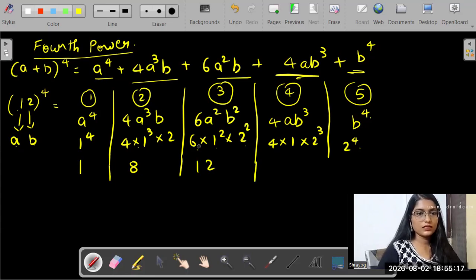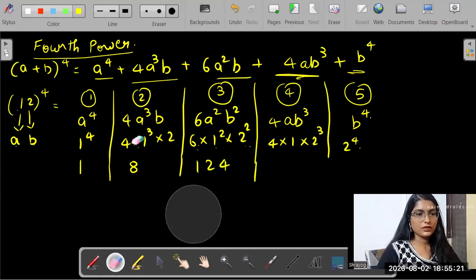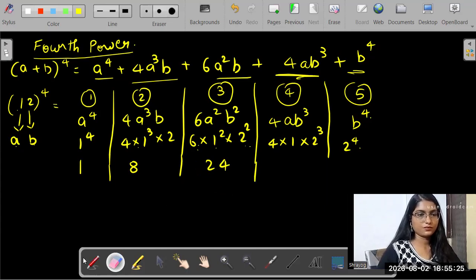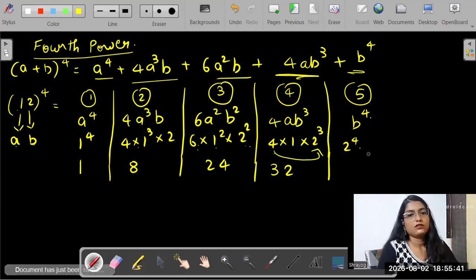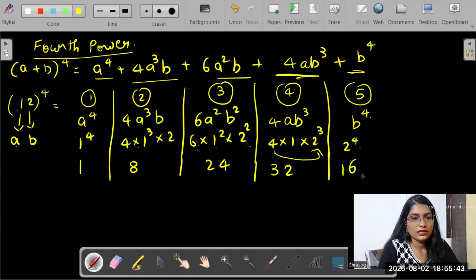So 6 multiplied by 4 is 24. Next, 4 multiplied by 1 is 4, 4 multiplied by the cube of 2, which is 8. So 4 multiplied by 8 is 32. So this block's answer is 32. And 2 raised to 4 is 16.